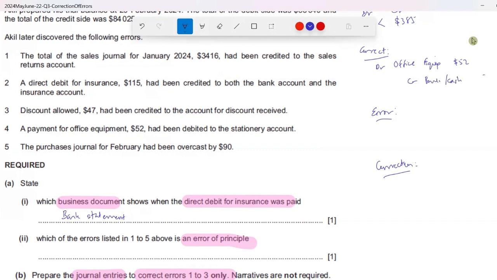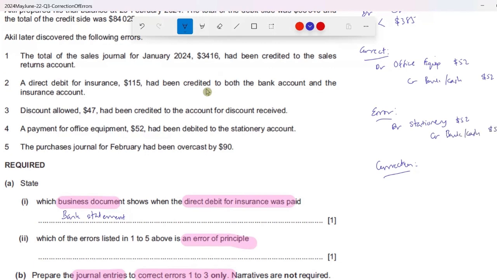It doesn't matter. The question doesn't tell explicitly, but it's been paid. But the error done now was that they have not debited the right account. They have debited stationery account, right, which is an expense account. And this one goes through the same, payment has been made.